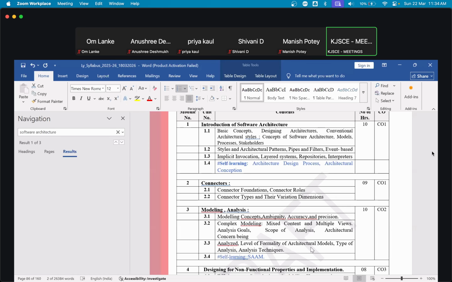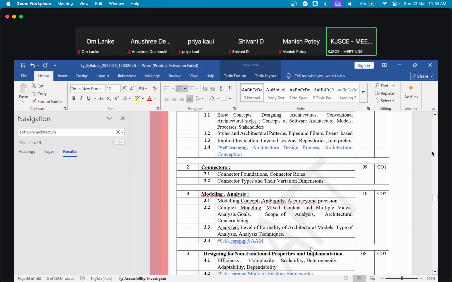Then, whatever the architectural style is, we divide the architecture design into two main components. One is called the component and the second is the connector. So in the second module, you'll get the chance to study the different types of connectors that are available. So we can reuse the connector, and in real-life implementation or designing of a particular software, there is a concept of reusing, or off-the-shelf products.